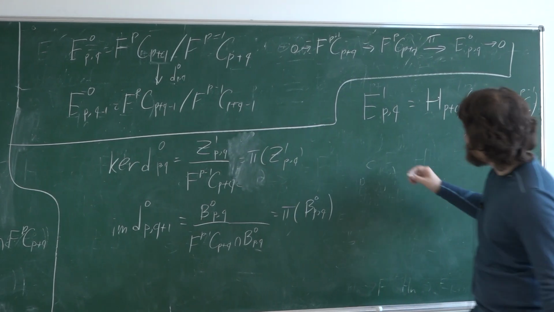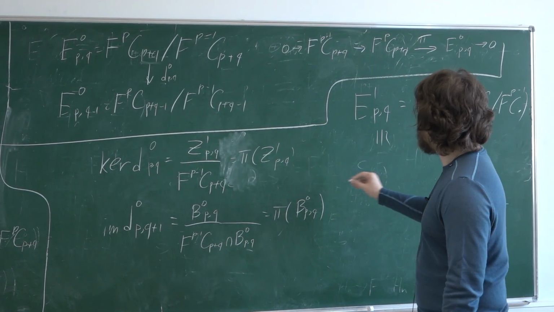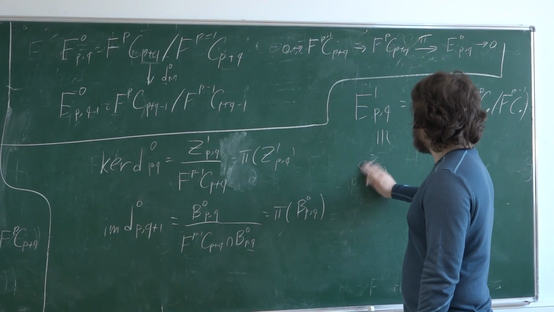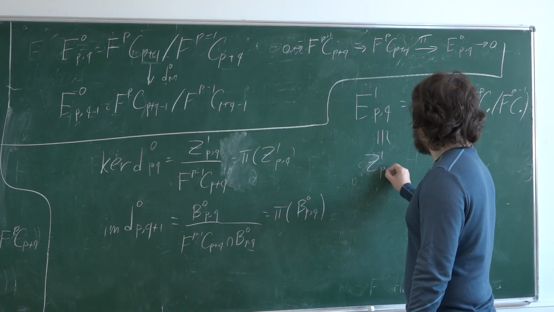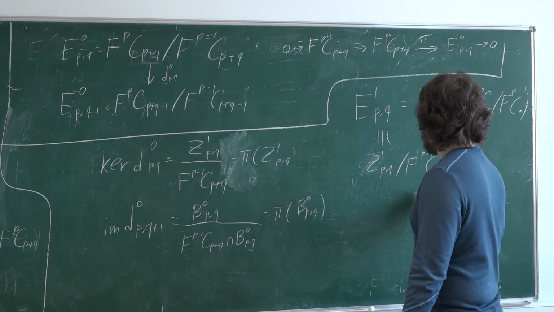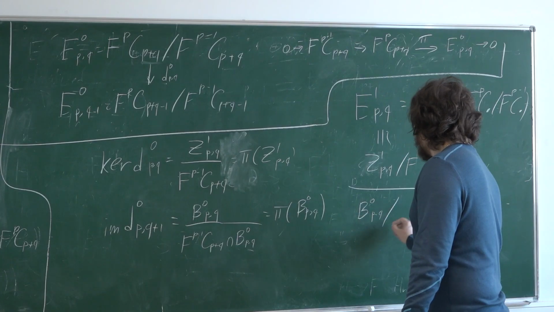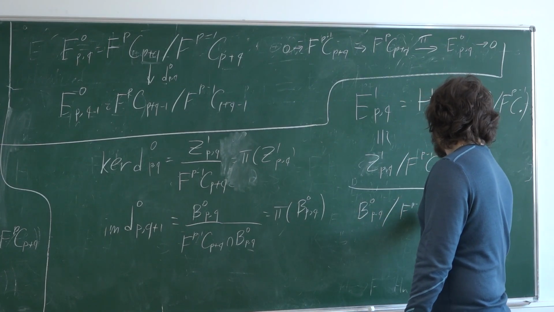On the other hand, it's isomorphic to this: Z1 PQ modulo F minus 1, modulo B0 PQ modulo the same thing.